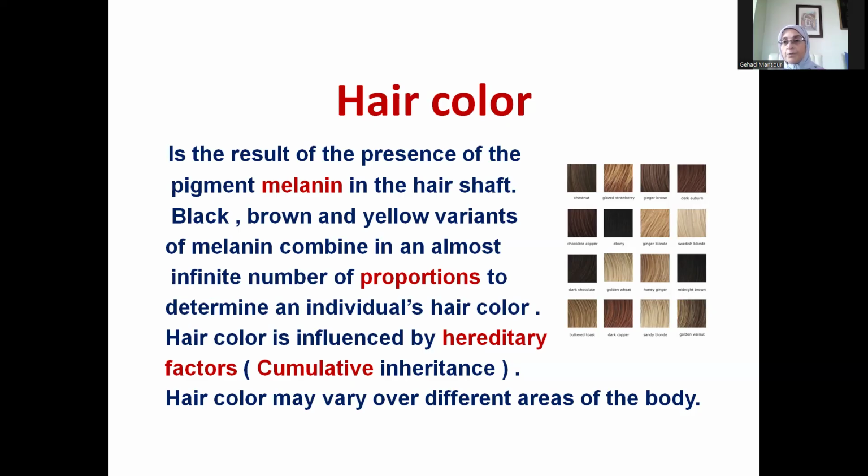And of course, the use of hair dyes, for example. Aging affects hair color, because as we get older, we will have fewer melanocytes in the germinal matrix of the hair bulb, and that's why the hair gets grayish or whiter.